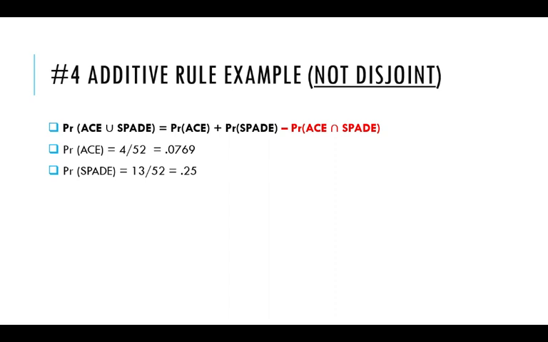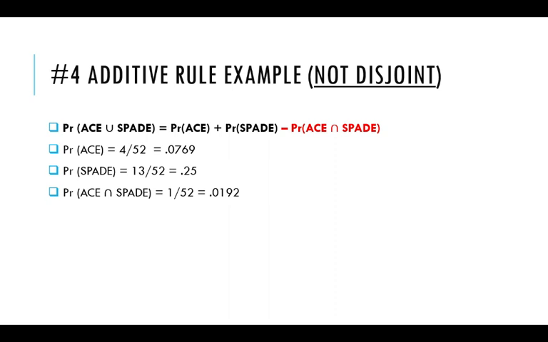So 1/4 of the deck is spades. So if I just add these together, probability of ace and probability of spades, that's going to be a little off because both of those calculations include the ace of spades. Everyone agree? The ace of spades appears in the 0.0769 and the ace of spades appears in the 0.25.